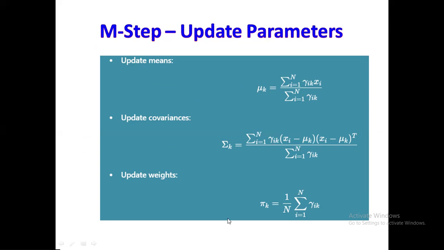The new mixing coefficient pi_k is the average responsibility, the sum of gamma_ik divided by n, the average contribution of component k across all data, reflecting its proportion in the data set.